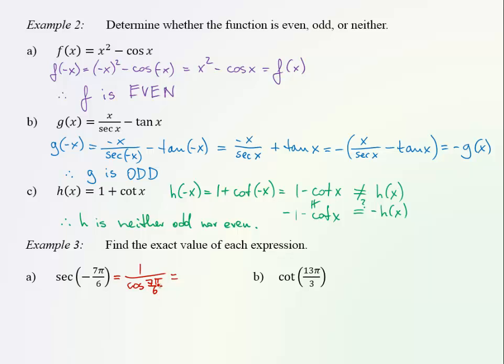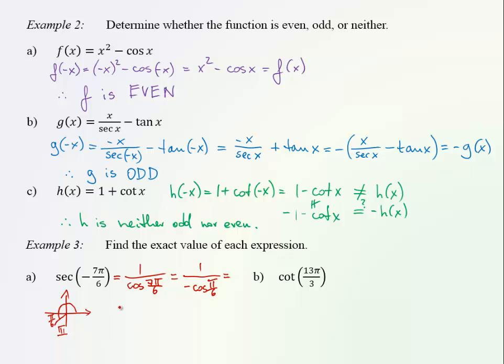And then recall, to calculate something like this, we need the reference angle. 7 pi over 6 is more than pi by pi over 6. So the reference angle is really pi over 6 here. And cosine in the third quadrant is negative. So this value will be negative cosine of pi over 6.